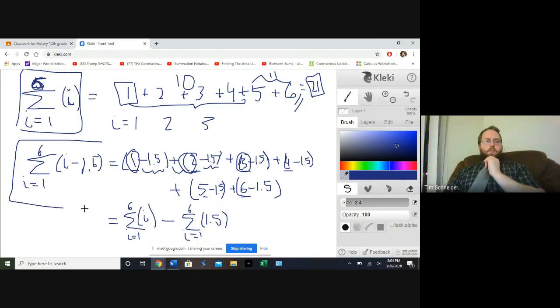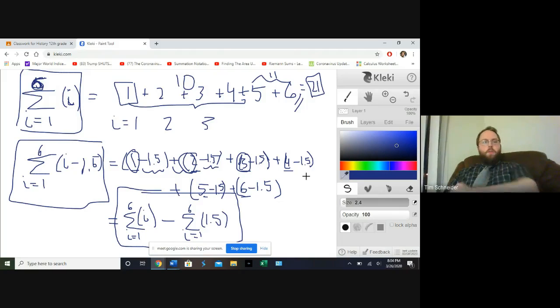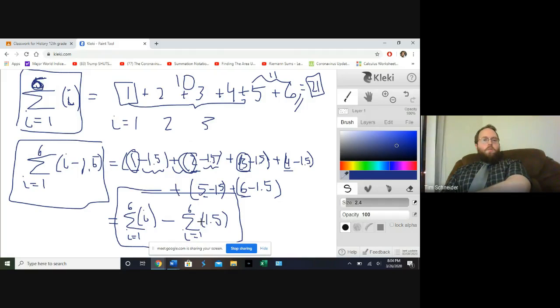All right, so what did we do? Let's look back at this. What is going on here? Well, because we can rearrange everything, if we have two things added or subtracted in here, it doesn't matter what they are, we can split those up into their own individual sums.